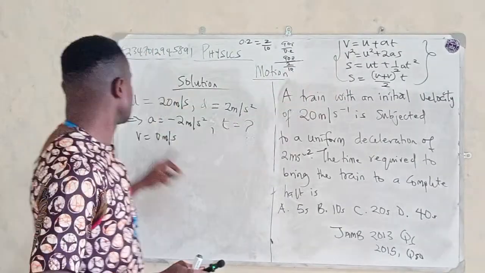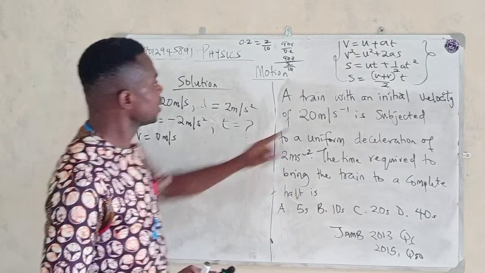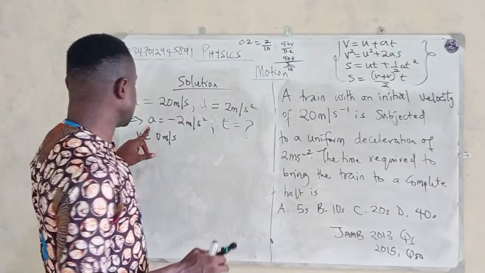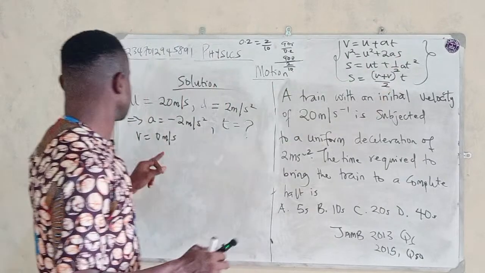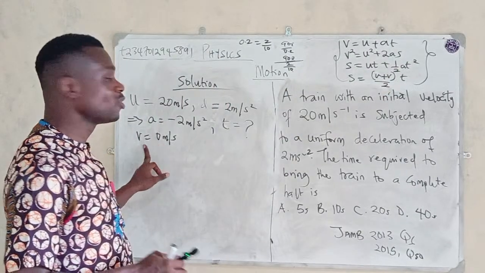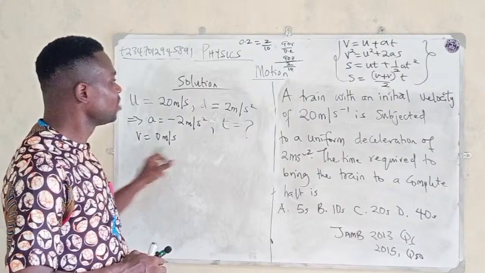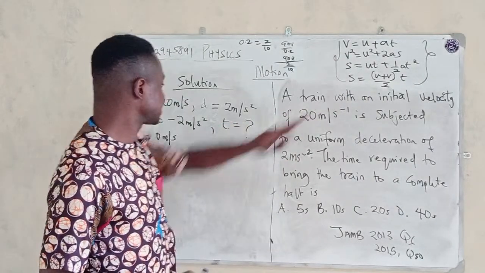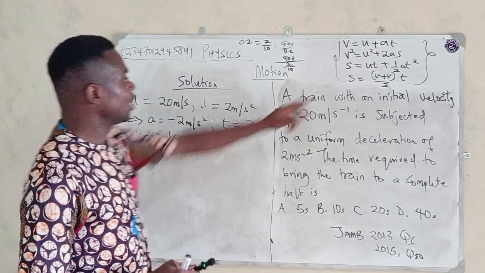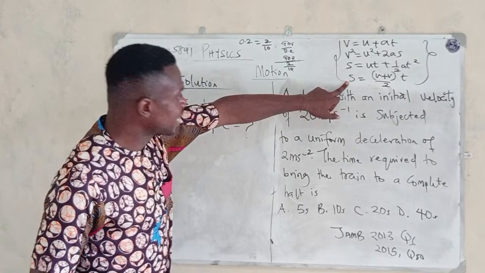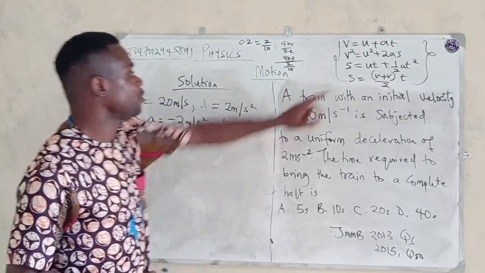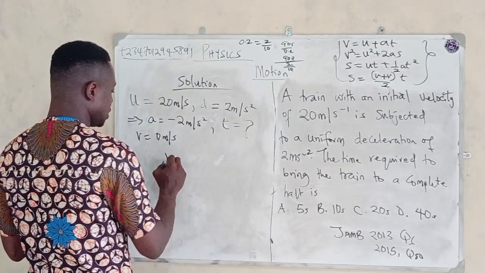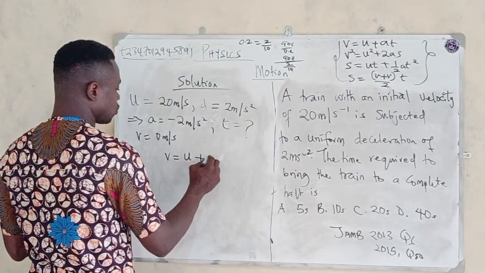V squared, there is V. U squared, there is U. A, there is A. S, there is no S here, so it cannot be this one. The third one, S, there is no S here, so it cannot be this one. This one again, there is no S, so it cannot be this one. The one we're going to use is the first one. So V is equal to U plus AT.